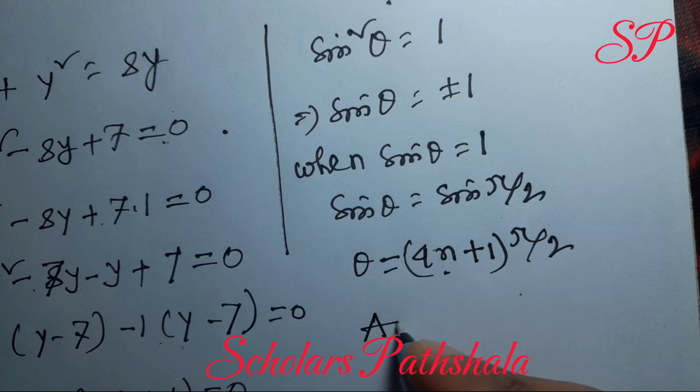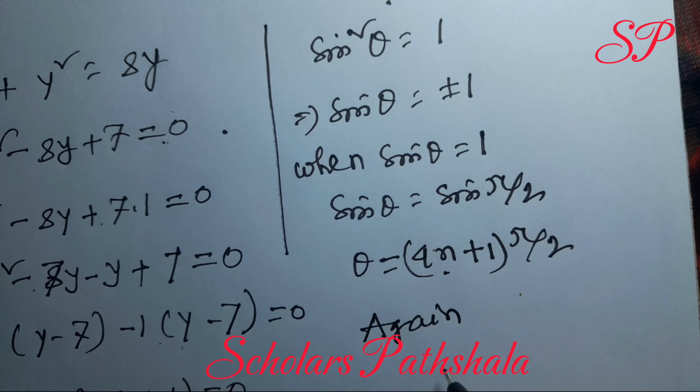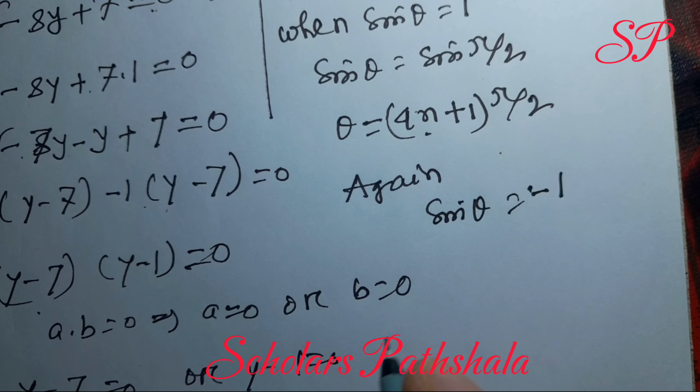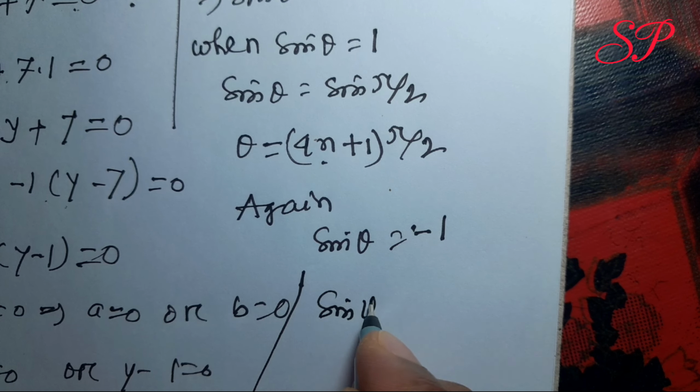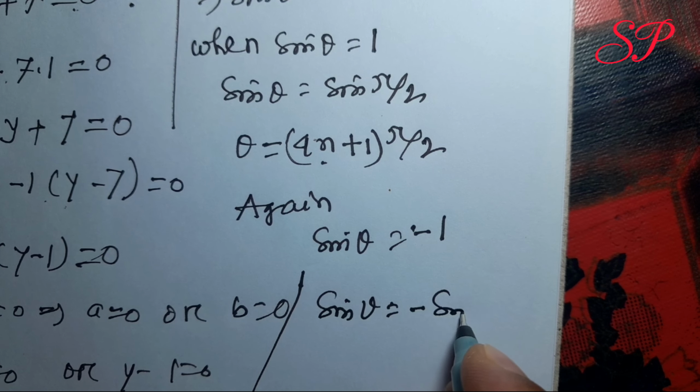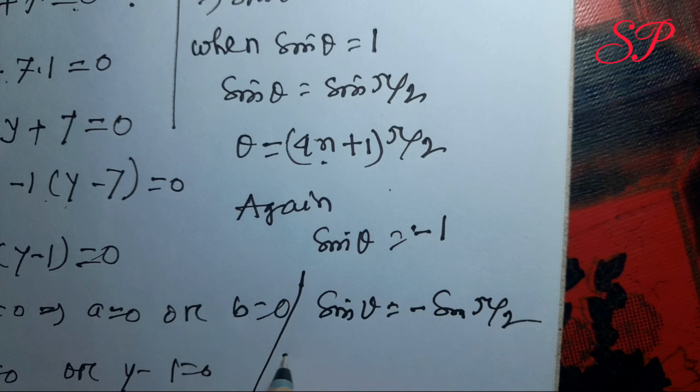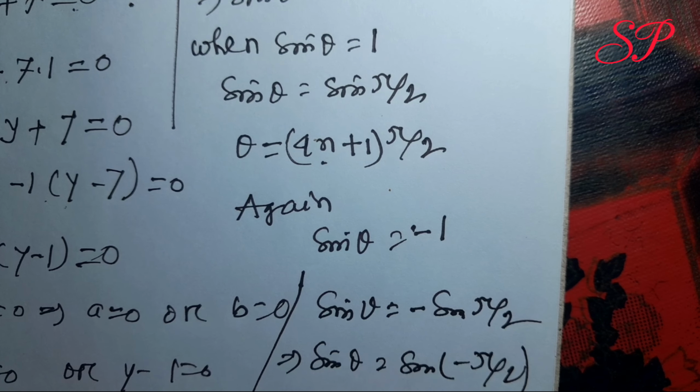Again, when the value of sin theta is equal to minus 1, we can write sin theta is equal to minus sin pi by 2. Then sin theta is equal to sin of minus pi by 2, and theta is equal to 4n minus 1 into pi by 2. This is the solution of this equation.